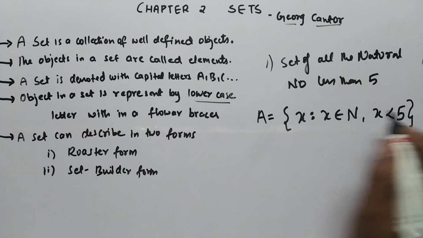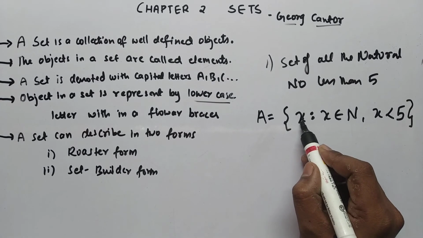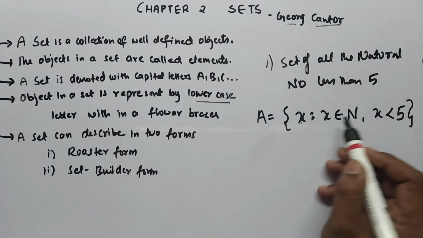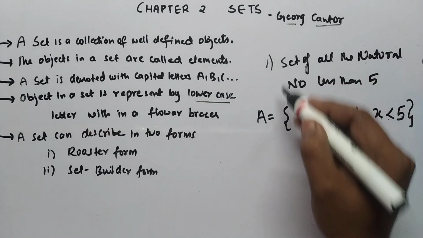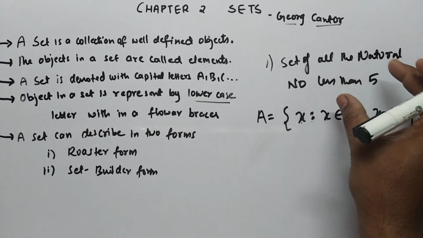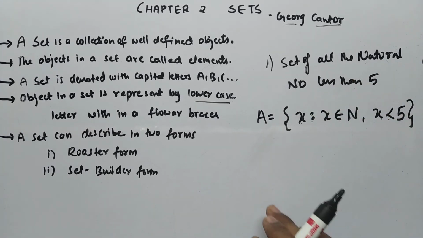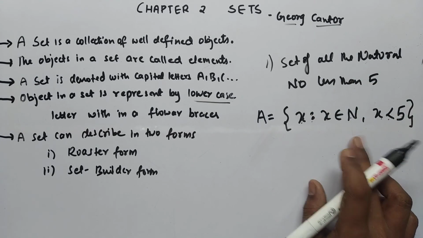This is the syntax form: x such that x belongs to natural numbers and x is less than 5. Here x is a set of elements which are less than 5. This is a representation of the set builder form.